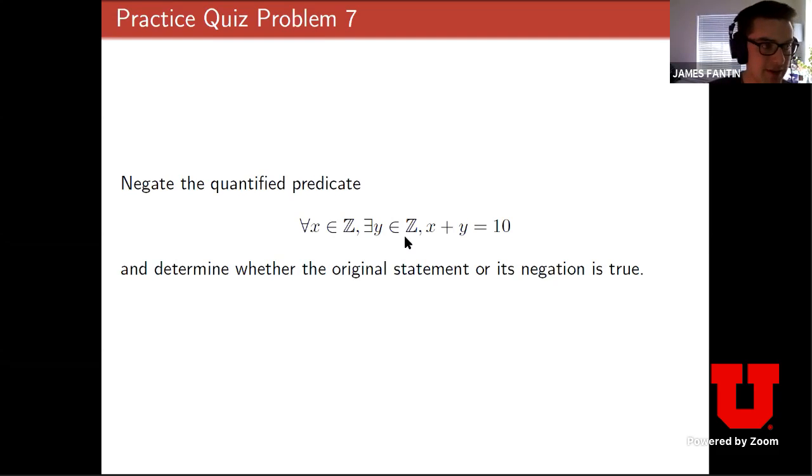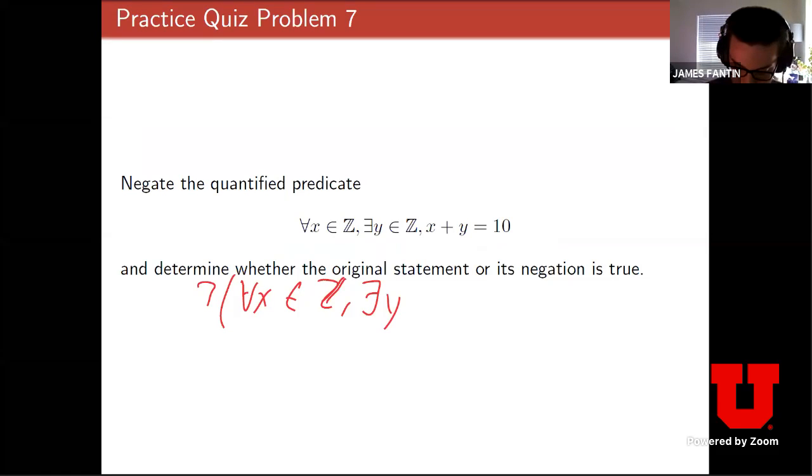Yeah, sure. Okay, so let's work through this problem. First, let's negate this predicate statement: for all x that's an integer, there exists a y that's an integer such that x plus y is equal to 10.